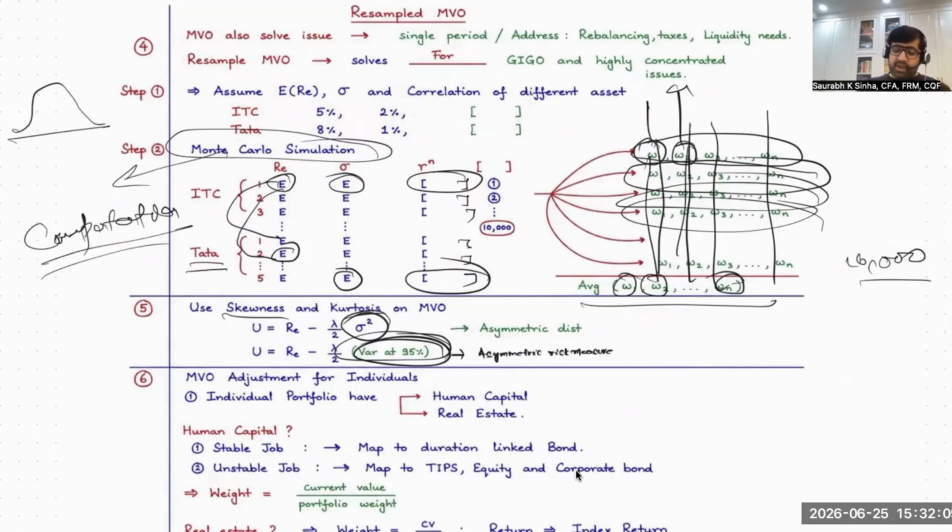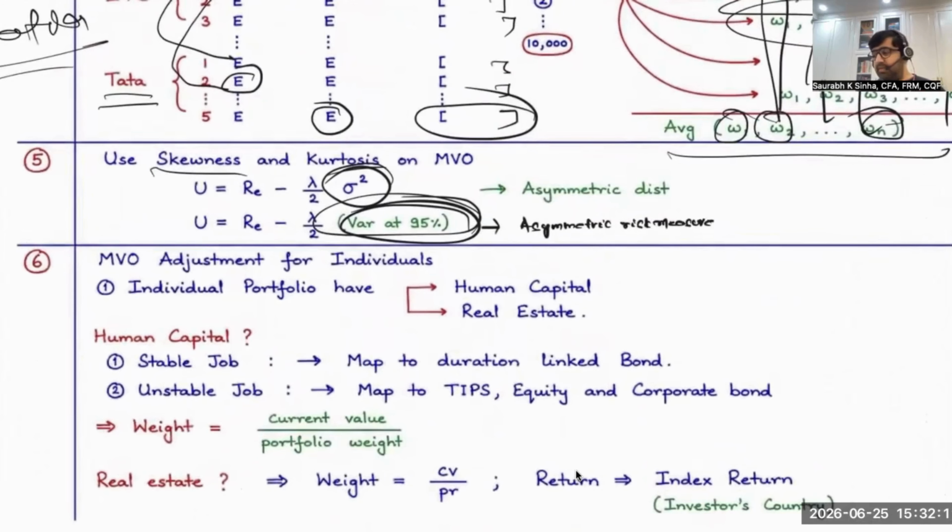Okay. Now, sometimes the mean variance optimization has to be done not on the enterprise level, as in you don't have a big firm for which you do portfolio management. You also do portfolio management for individuals, HNIs, right? But there are some differences.